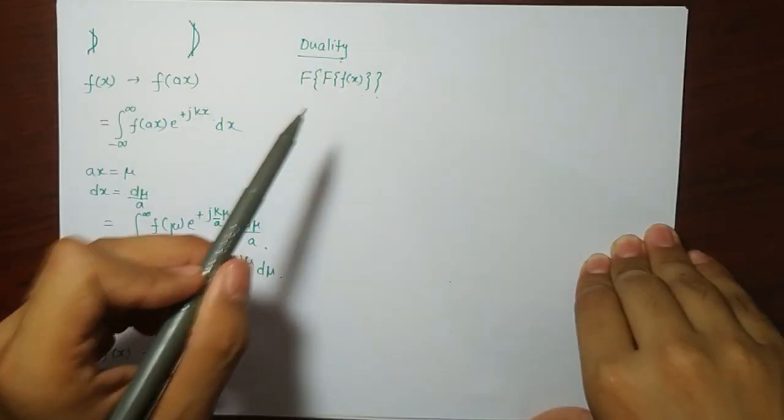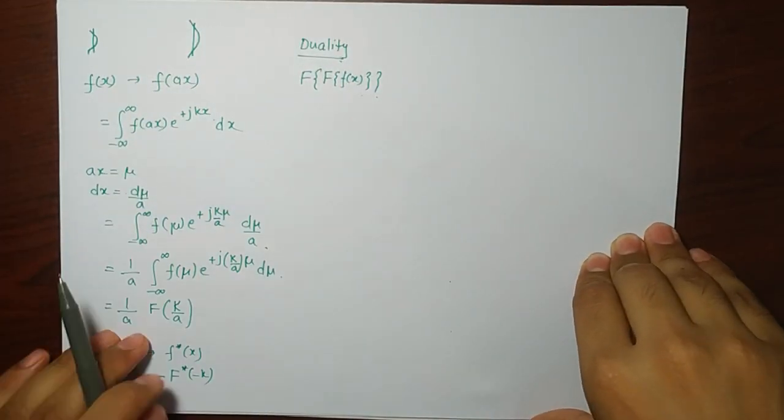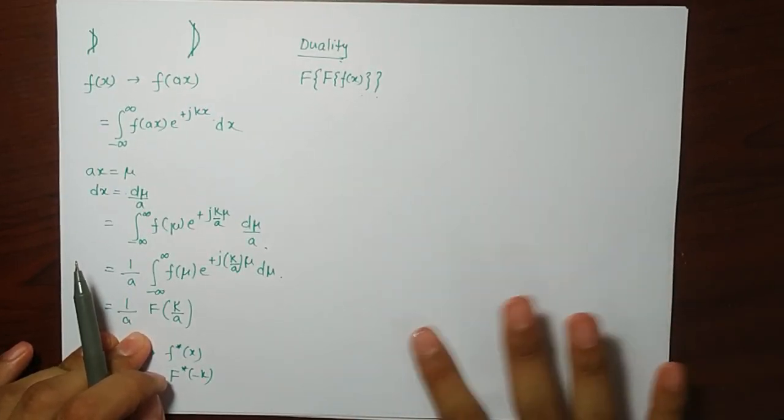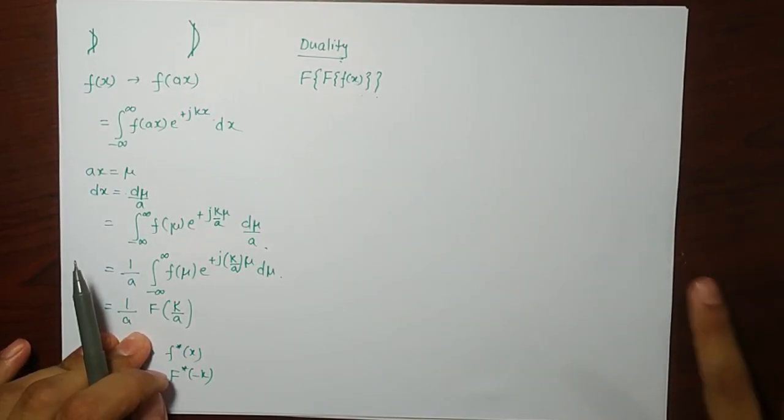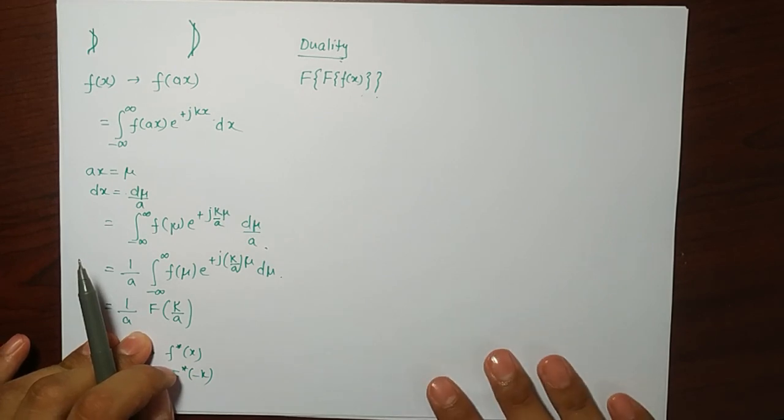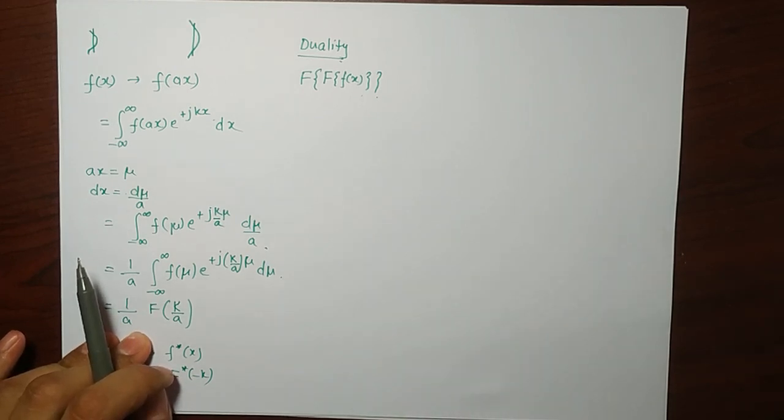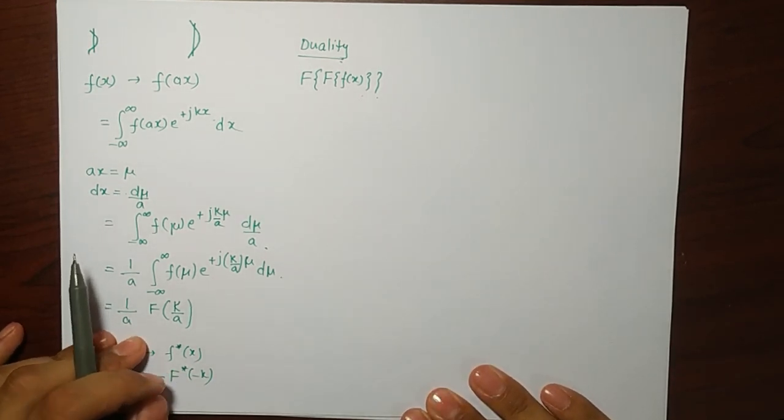They basically talk about the Fourier transform of the Fourier transform of a signal. So they try to establish dual pairs, which are easy to solve. This particular property helps us to solve a lot of complicated signals very easily.